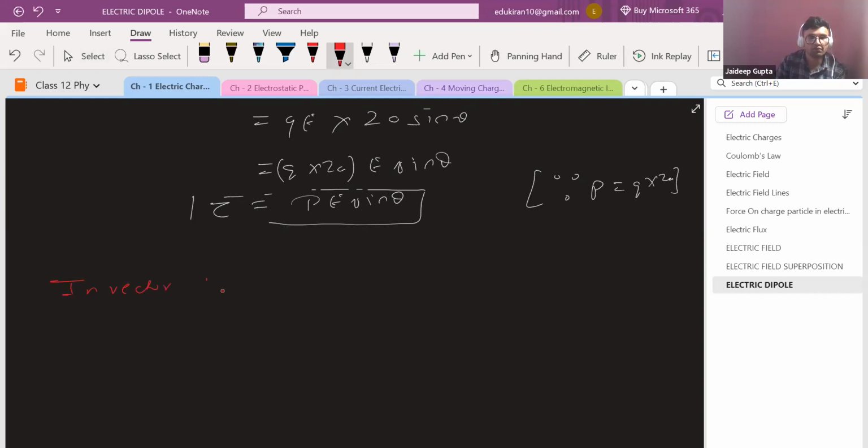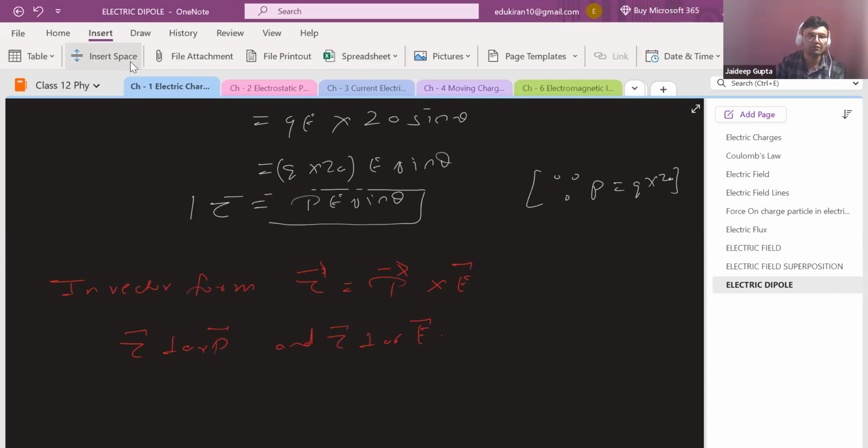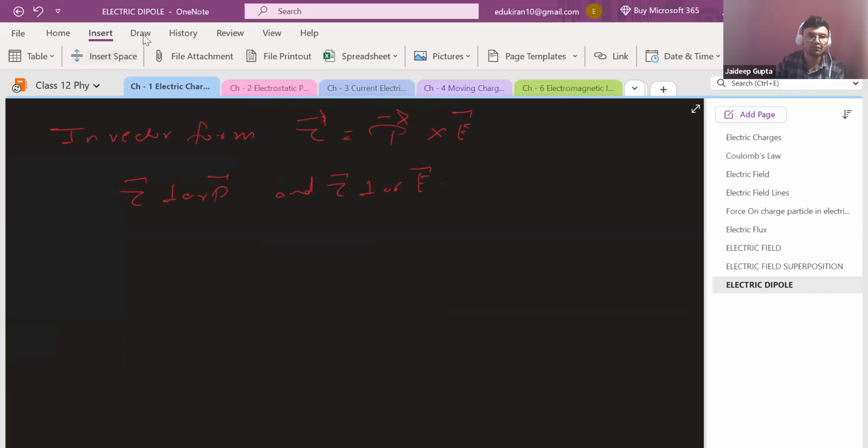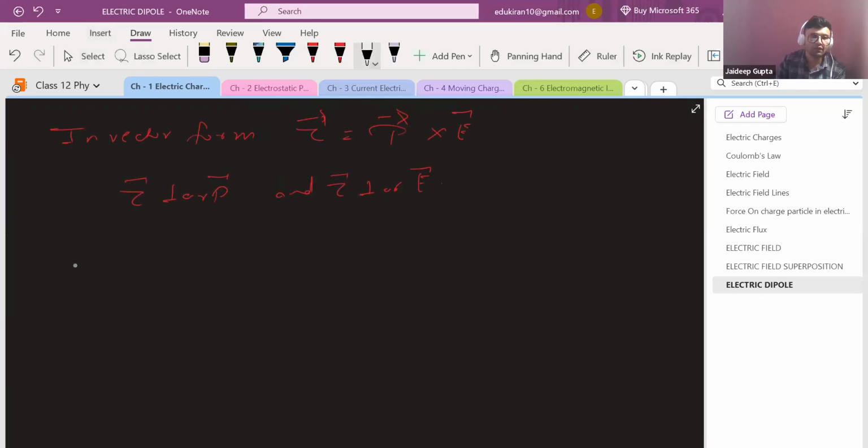In vector form, torque equals p cross E. Fine. And just remember, torque is perpendicular to the dipole moment and torque is perpendicular to the electric field. Now, special cases.